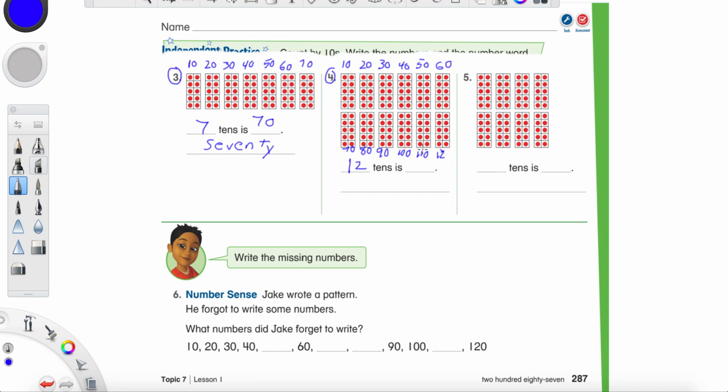110, so after 100, it kind of starts over again, except we add the word 100 before we say 10 again, but then it just starts all over again. So we got to 110, what's after 10? Little hint up here. 20.